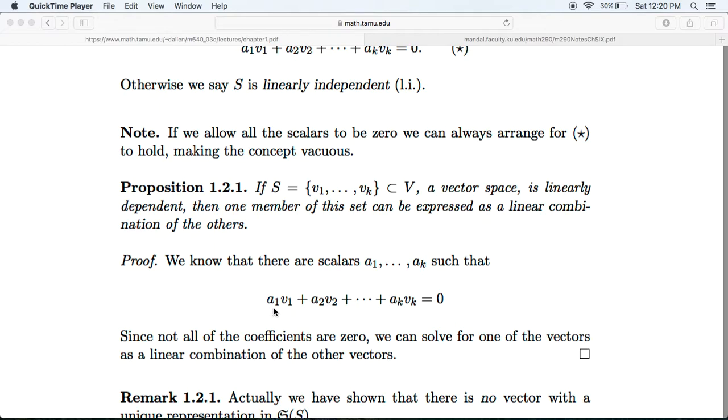So suppose, without loss of generality, that a1 is non-zero. So we can take a1 v1 to the other side, and that will give me minus a1 v1, and I divide throughout by a1. Then that will give me minus a2 by a1 v2 plus dot dot dot minus ak by a1 vk, and that will be equal to v1. So v1 has been written as a linear combination of v2 to vk.